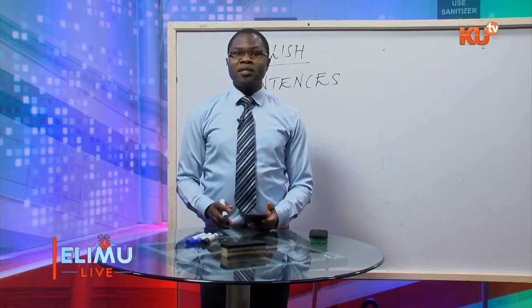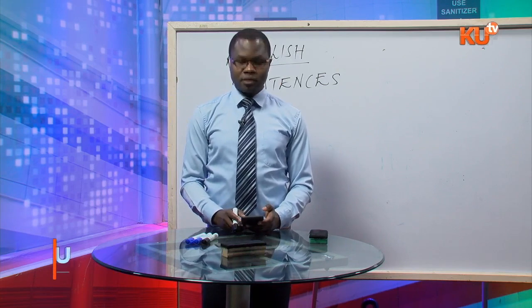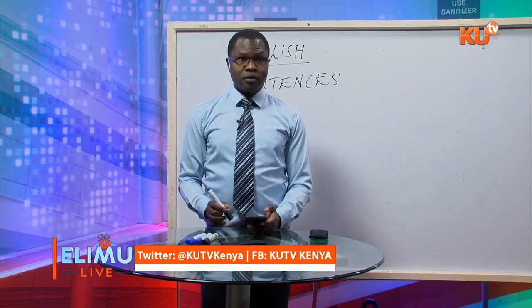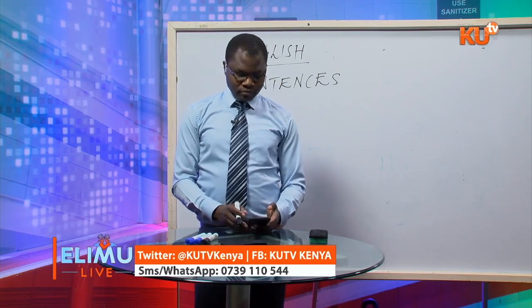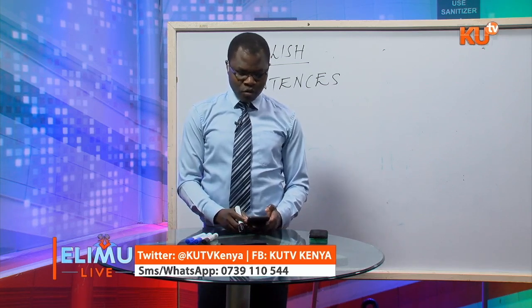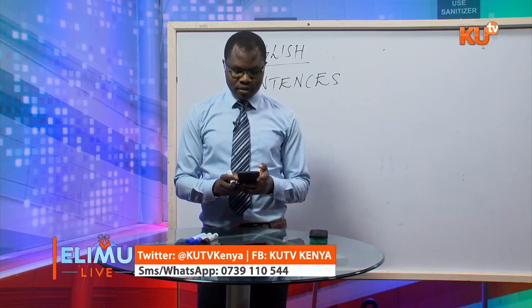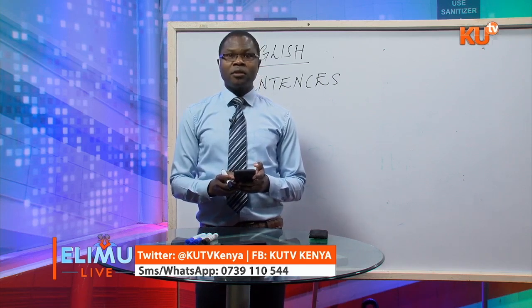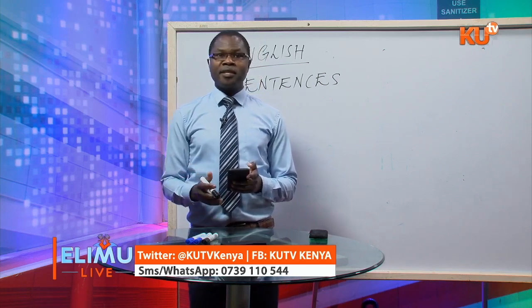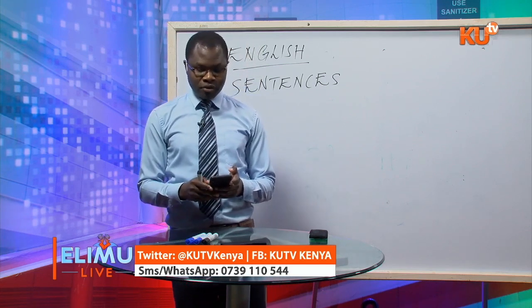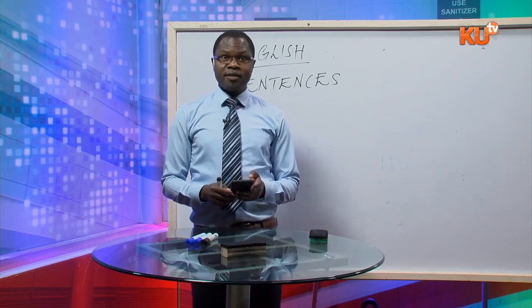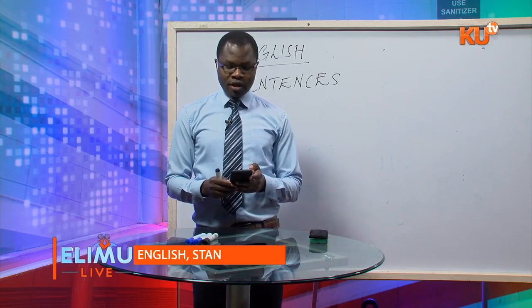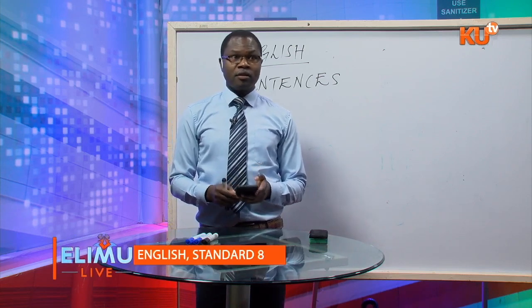we will be defining what a sentence is. A sentence is a group of words that expresses a complete thought. Whenever you use a sentence, there is that expression of a complete thought, and sentences always have a subject.